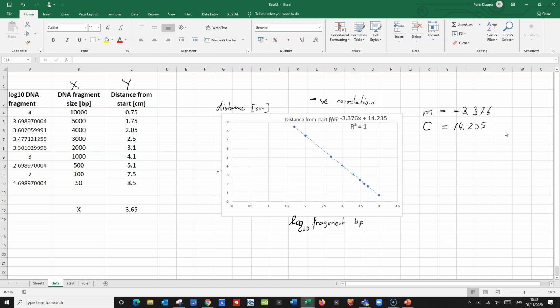So this is the gradient and the intercept of our straight line. And what we can do now is we can try and calculate what is the log of the DNA. What is the log of the fragment?